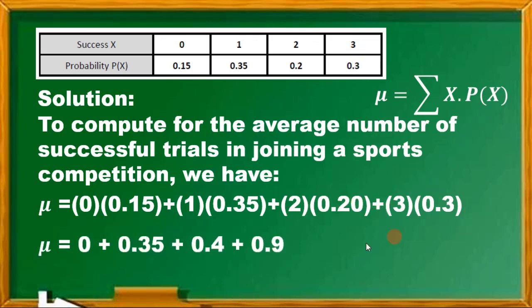Then solving, we have 0 here, plus 0.35, then the product of 2 times 0.2 is 0.4, plus 3 times 0.3 is 0.9. Summing this up will give us 1.65. So the mu is 1.65 or rounded off to 2.